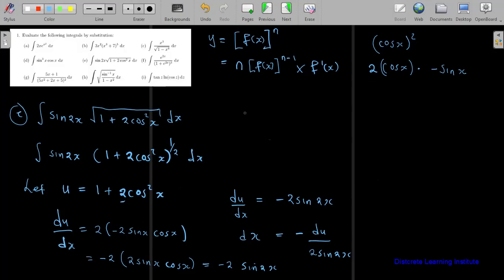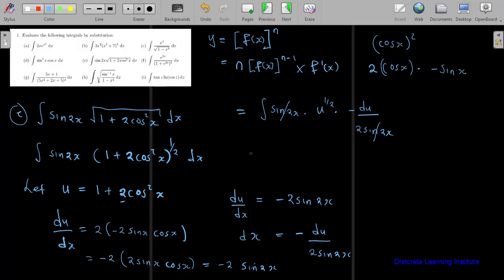So it means that this integral now becomes the integral. I have my sine 2x there, sine 2x there. Then inside the brackets, that 1 plus 2 cos squared x, remember, it's just u to the power half. And then my dx is negative du over 2 sine 2x. And then from here, you can cancel out sine 2x, and then this is negative, and this is 1, so it's like negative 1 over 2.